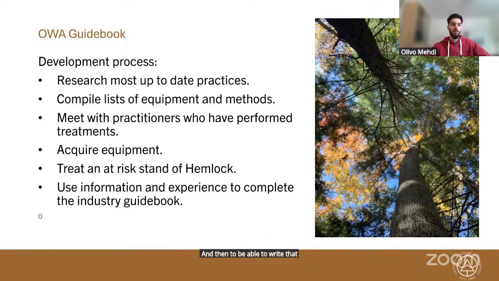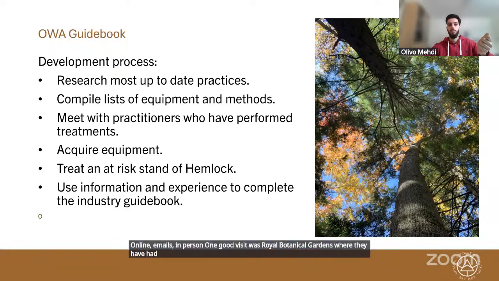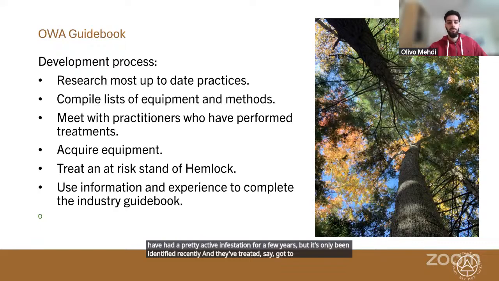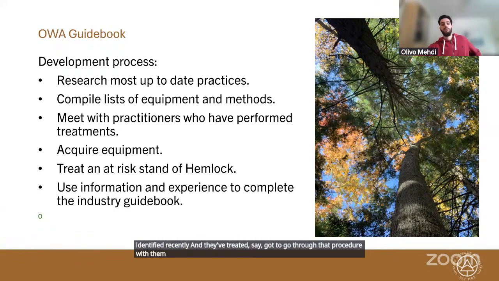I met with practitioners who have performed treatments: Zoom, online, emails, in person. One good visit was Royal Botanical Gardens, where they have had a pretty active infestation for a few years, but it's only been identified recently, and they've treated, so you got to go through that procedure with them and see it in person rather than just on a computer screen.